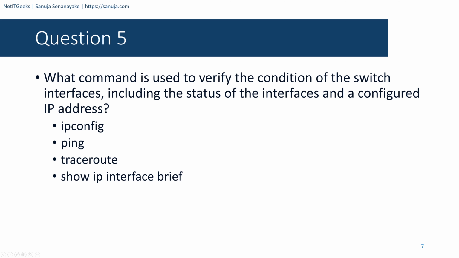If you look at this question, we want to know what our interfaces are doing in our switch, and the answer is show IP interface brief. For me, this is an easy question, but if you're a new student just starting out in CCNA 1, and this is your first exposure to Cisco devices, this may be something that you just learn. As you can see, you can just eliminate anything that makes no sense, and then what's left is the answer.